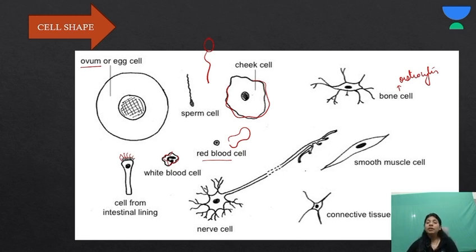Okay, now the nerve cell, it is the longest cell and it looks somewhat like this because it has to carry the impulse from the receptor cells to the brain and then back to the effector cells. So its length is slightly more. Now coming to the smooth muscle cells, they are spindle-like in shape, depending upon their function. And then you have connective tissue cells like the blood, lymph, etc.